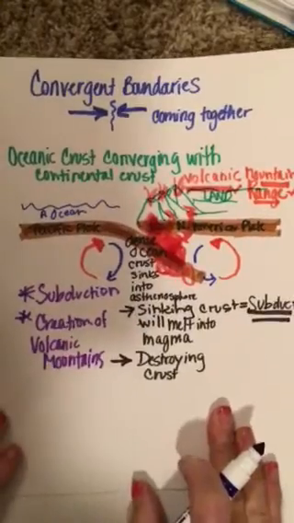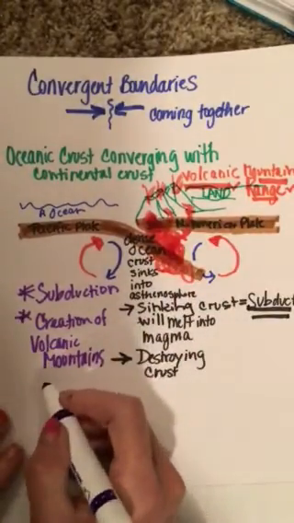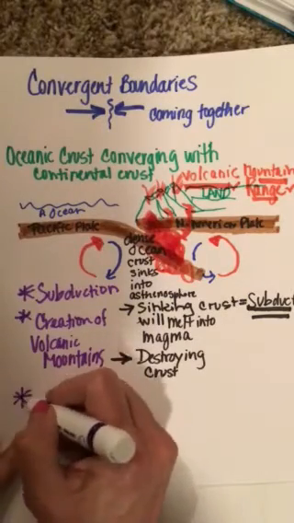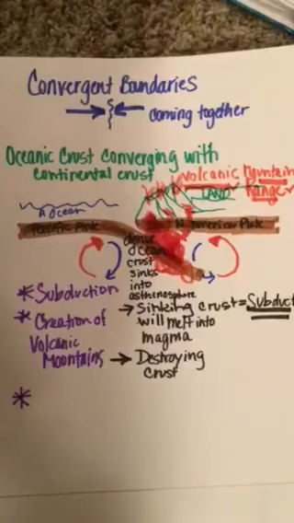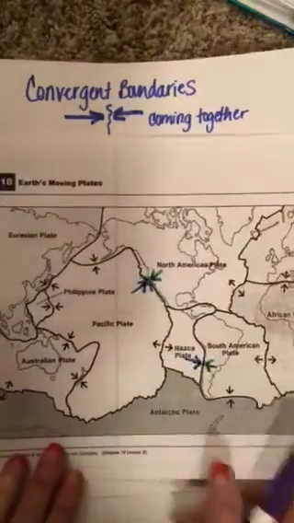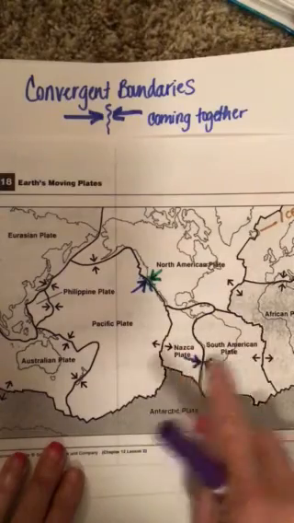Where is this taking place? Well, we showed this area. The most well-known area where this is taking place, and we're going to list not the North American plate with the Pacific plate, although that is occurring, but we are going to actually list right here the South American plate and the Nazca plate.